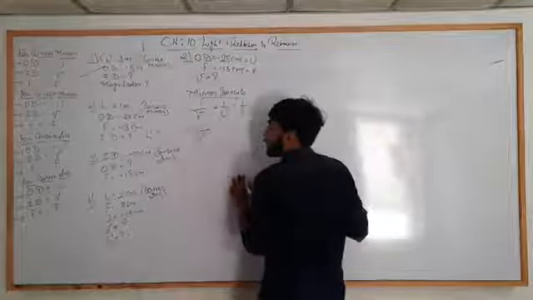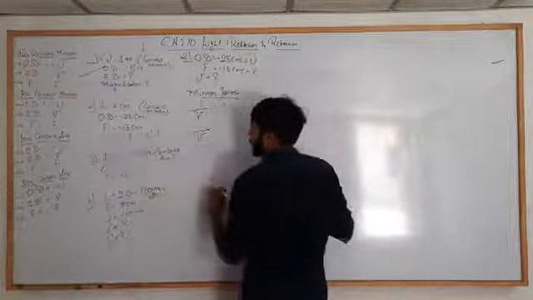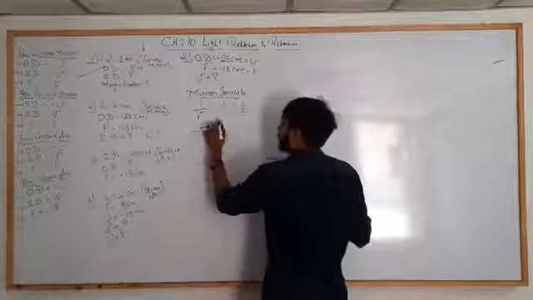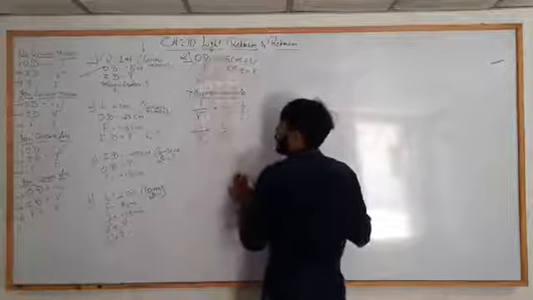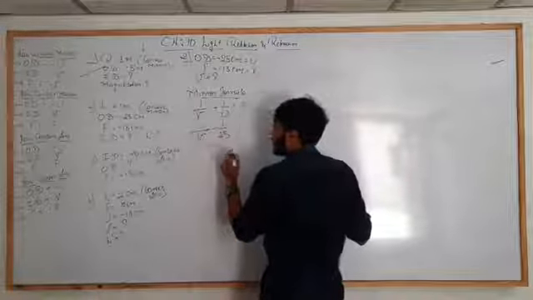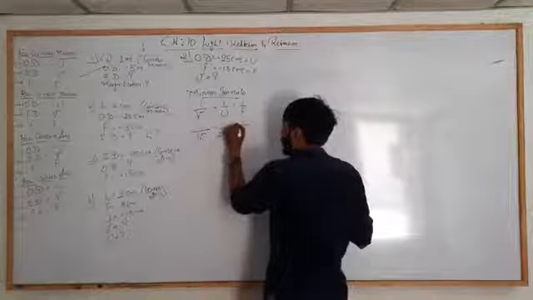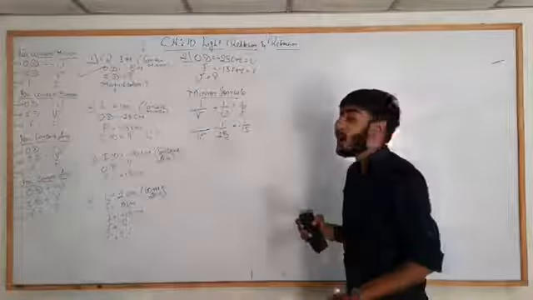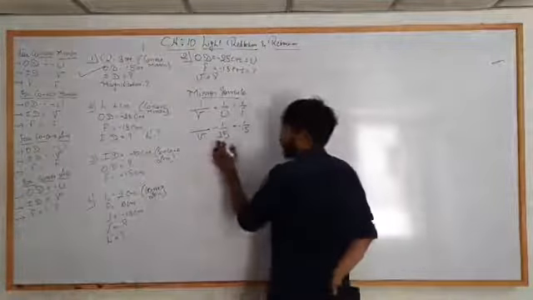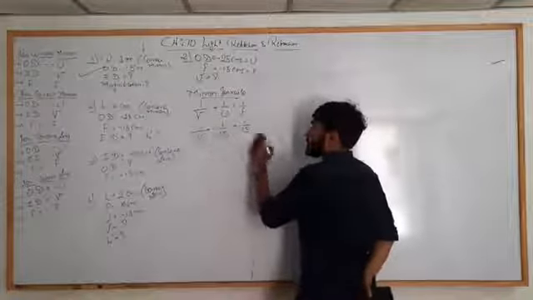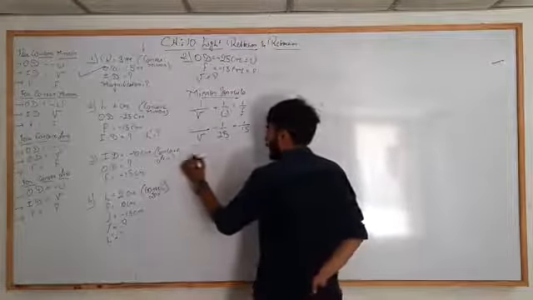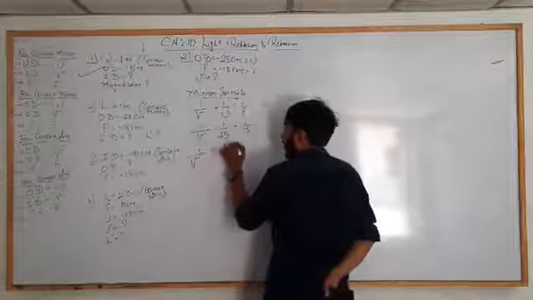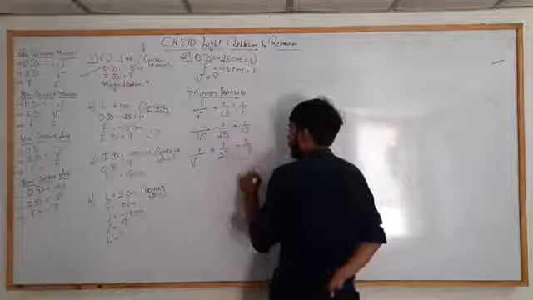We need to find 1 upon V, that is the image distance: 1 upon V minus 1 upon 25. Why minus? Because the object distance should be negative for a concave mirror, is equal to minus 1 upon 15, because the focal length should also be negative. Shifting this term to the other side, it becomes plus 1 upon 25 minus 1 upon 15.